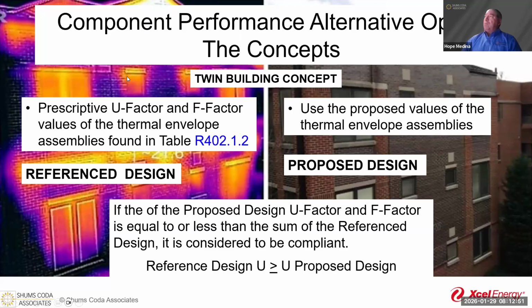Then we're going to jump right into our component performance alternative option. So this is our twin building methodology here. We're going to do a reference design, and then we're going to do a proposed design. If the proposed design U factor and F factor is equal to or less than the sum of the reference design, it's considered compliant.